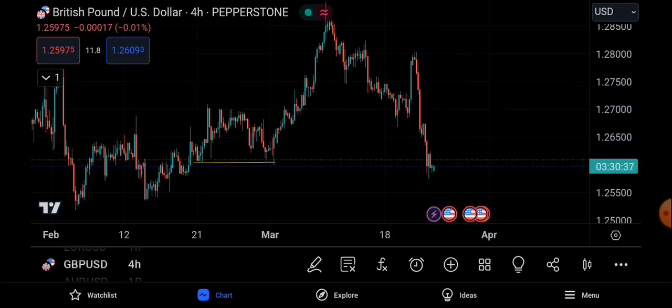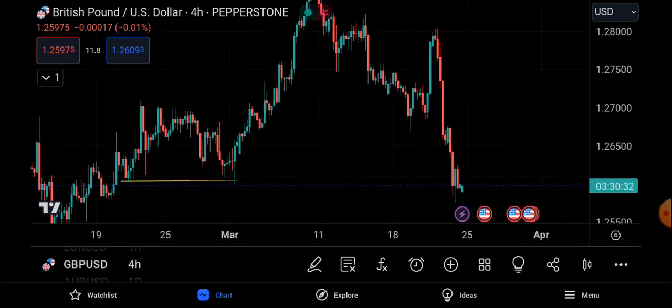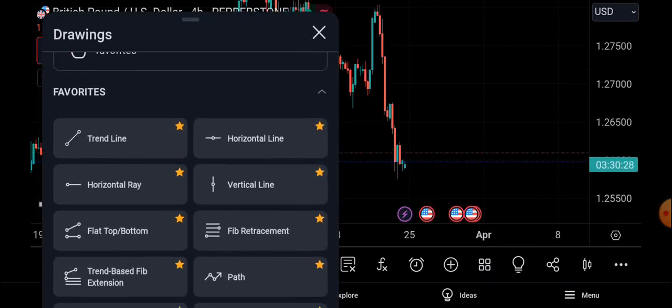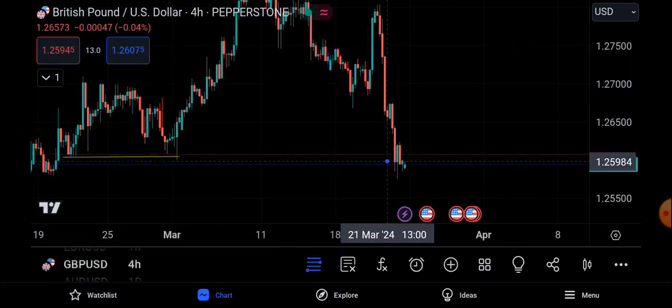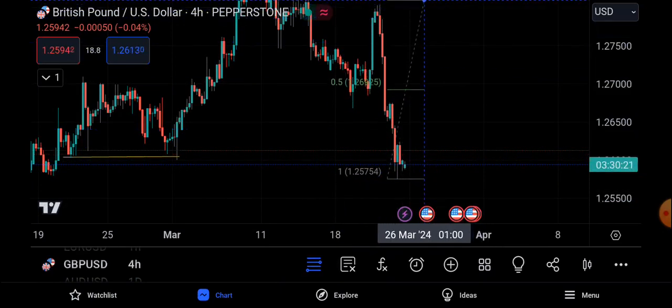Okay, so this one might be tricky. Alright, so let me just see where my premium and discount levels are right now. Assuming that's the low. It could change on Monday.